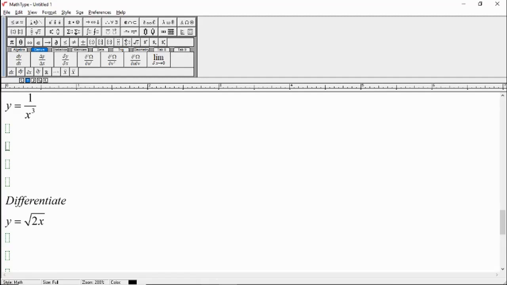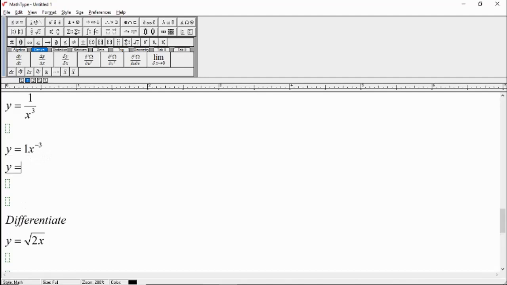Because when you rewrite it, 1 over x to the power of 3 is actually 1x to the power of minus 3. That's the same. So when you rewrite it, that's how it looks. That's why it's actually a negative power.